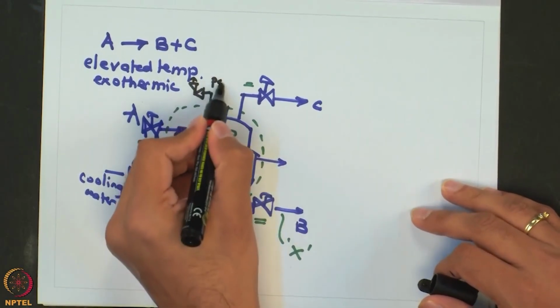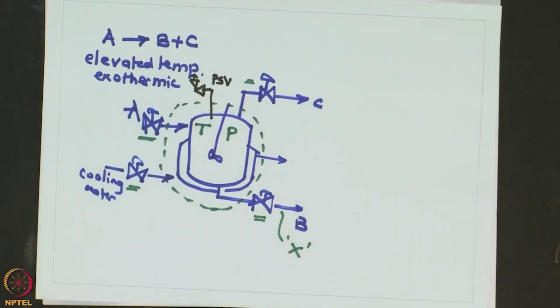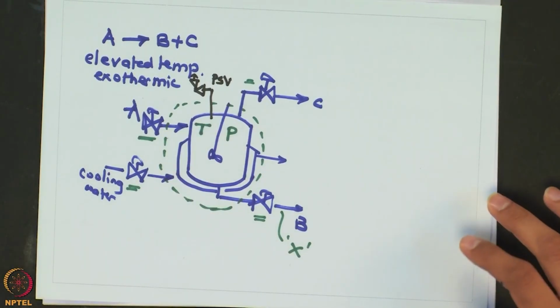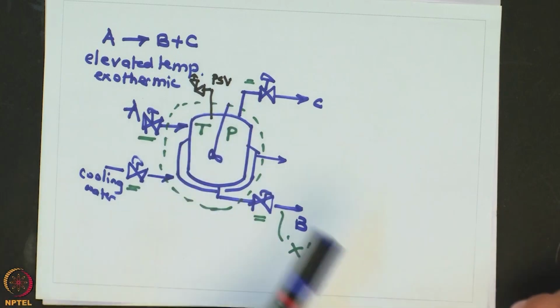So, you typically have a pressure relief valve as a safety precaution, which will ensure that if the pressure inside the reactor goes to a very high value, then it will open up and have a safe release of the gaseous product.